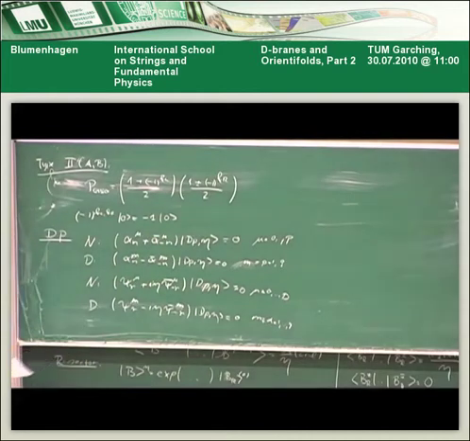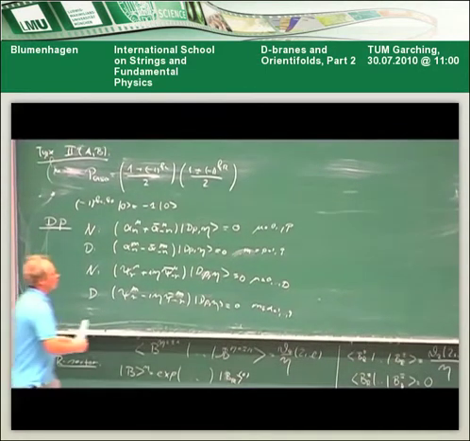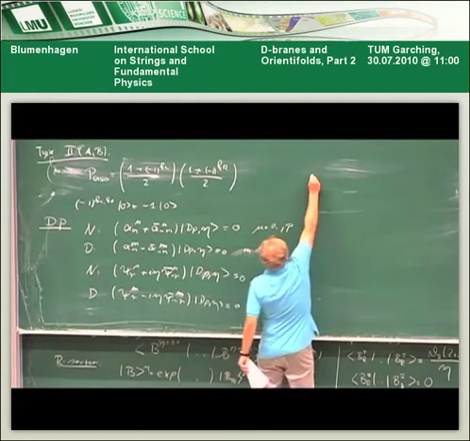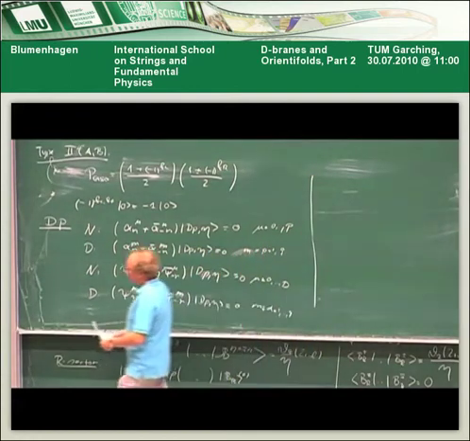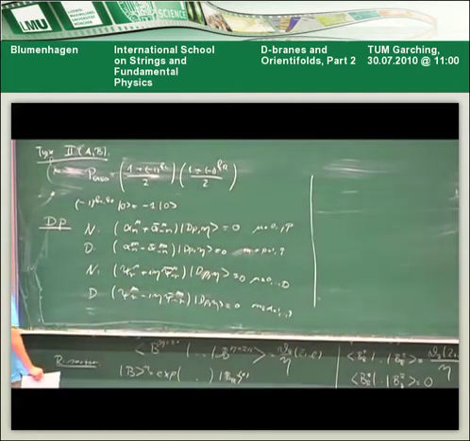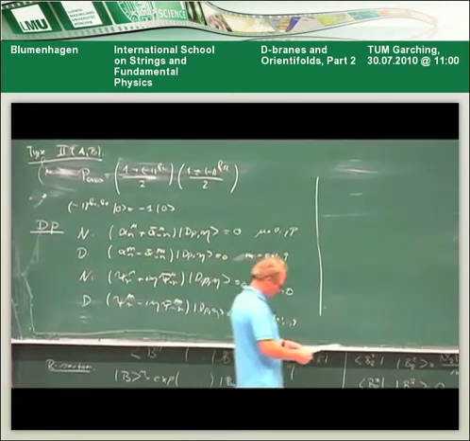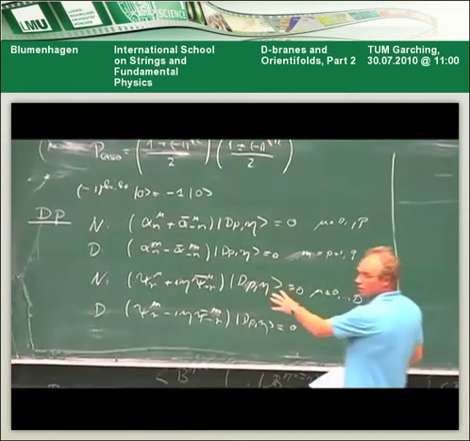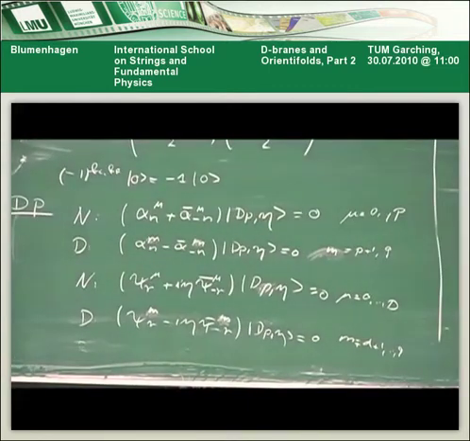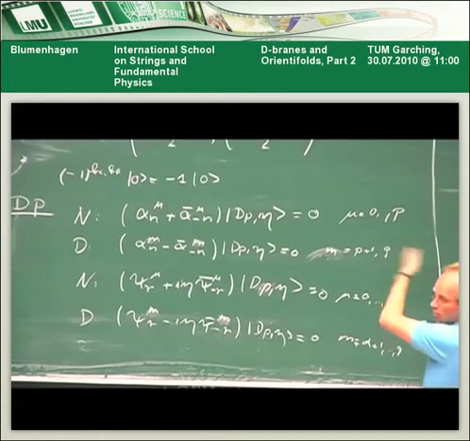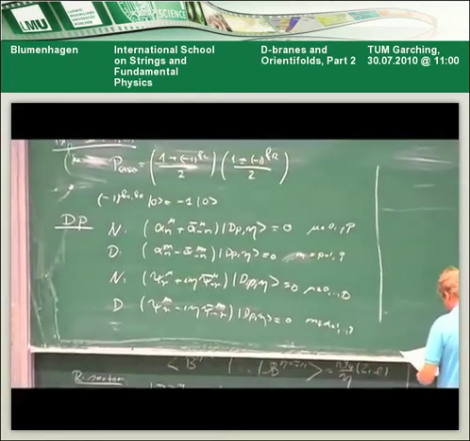Okay, so we are not ready yet because we have these different sectors and we have to know how to put these different sectors together to get the complete boundary state, which is supposed to be supersymmetric and GSO invariant, because we're performing a GSO projection. We can write down the solutions to these equations. This I have shown you before, these exponentials, and just multiply them so that in the exponent you add all these terms.